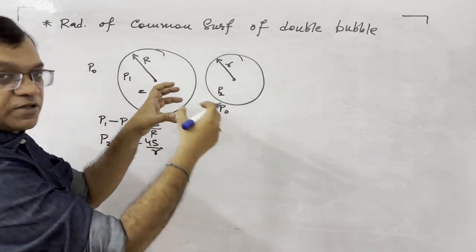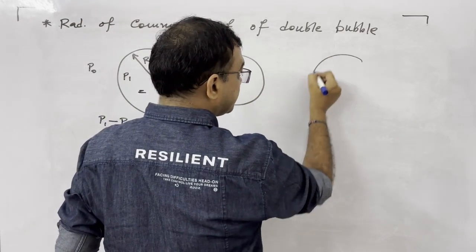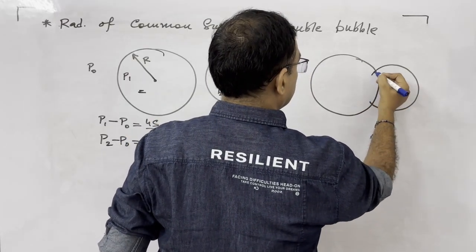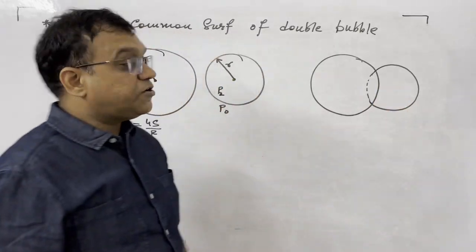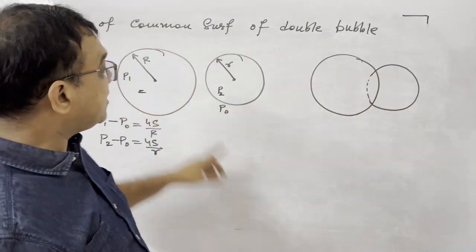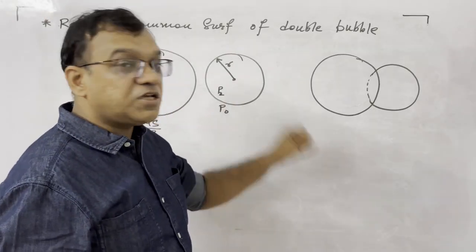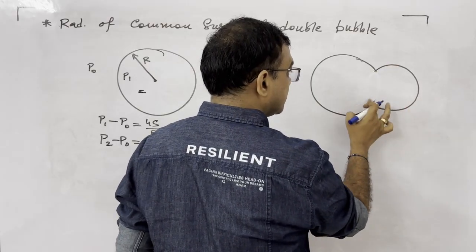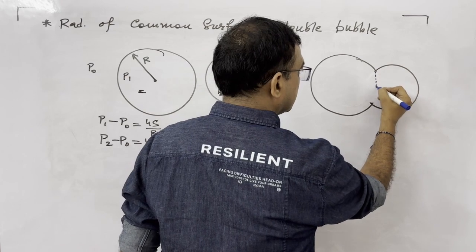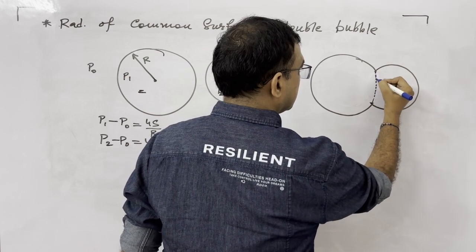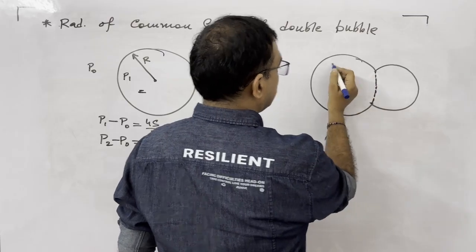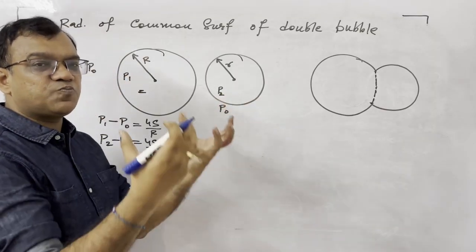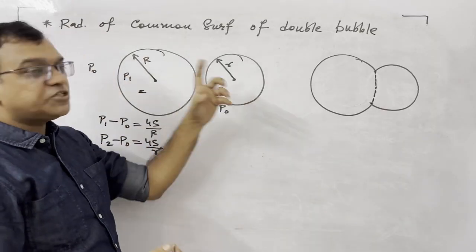When these two come in contact, then the radius of this common surface is neither equal to capital R nor equal to small r. It will become like this. Because of this process, we are going to assume that there is no change in the pressure, because pressure will almost remain the same as original values.